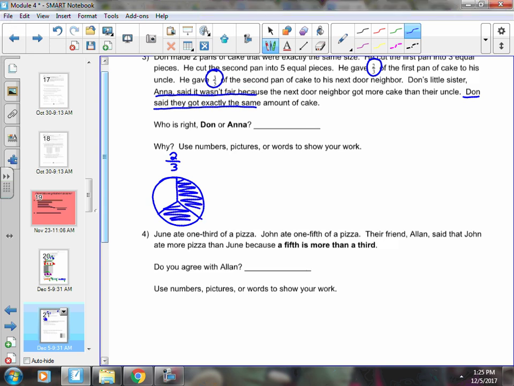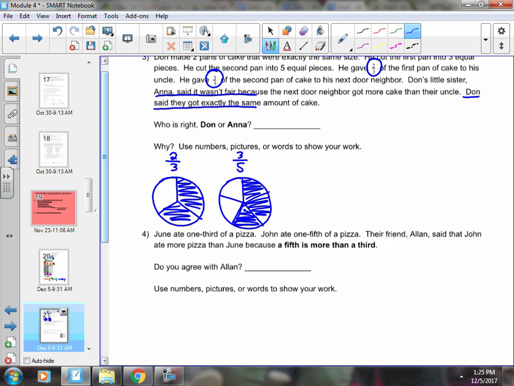And if I were to draw 3/5, fifths sort of looks like a star. Fifths are pretty hard to draw. Can you tell that those pieces look pretty similar? Almost too similar to be able to tell which one is bigger.